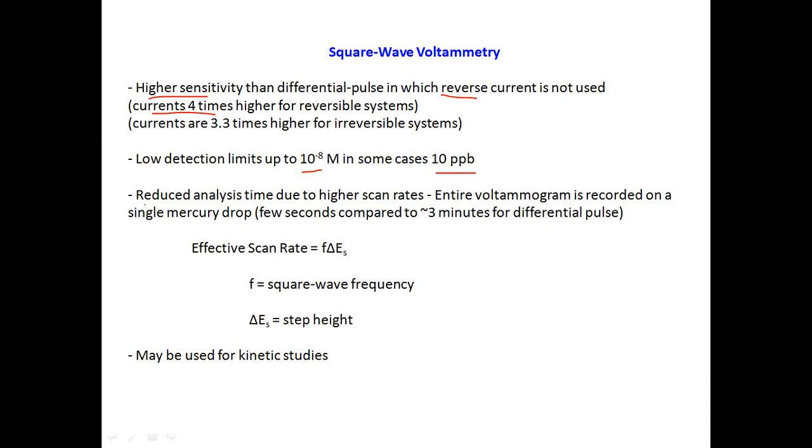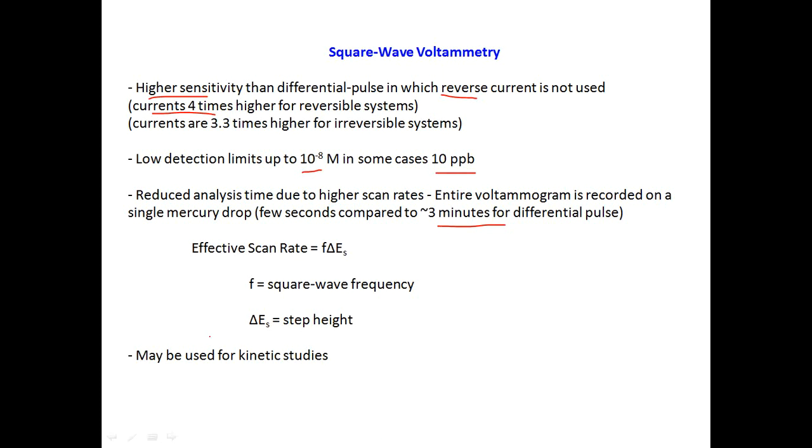One more thing is that the time span for measuring the whole scan, the complete analysis, can be done in a very short time. That is, in the time of one drop only you can carry out the whole scan of the whole voltage range. But for differential pulse, the whole range takes around 3 minutes. So it is a faster rate.